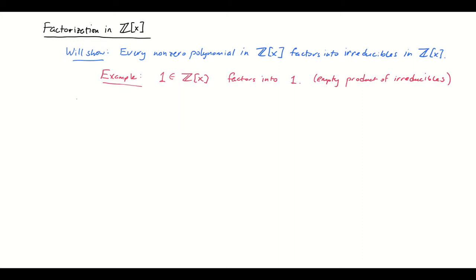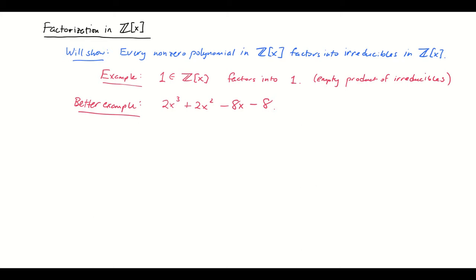Here's a better example. Suppose we begin with some polynomial like 2x cubed plus 2x squared minus 8x minus 8. So here's how the strategy of this proof is going to work. I look at this polynomial. First of all, I see whether there is any content to it.